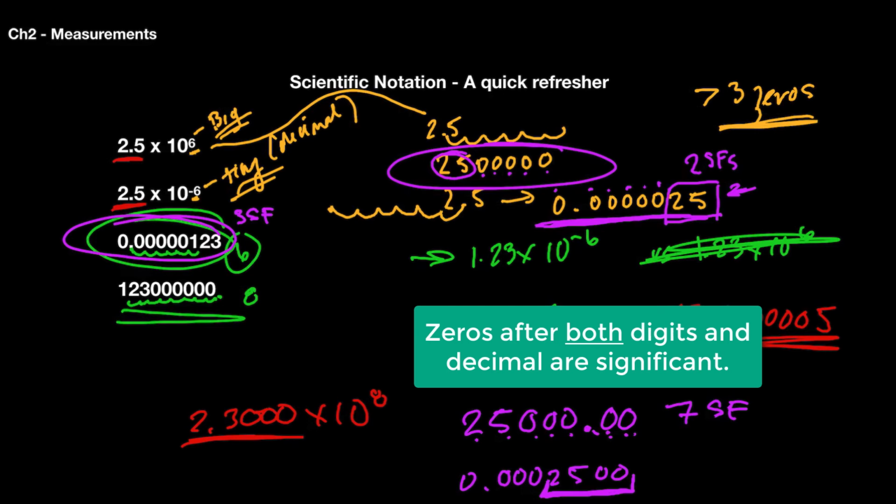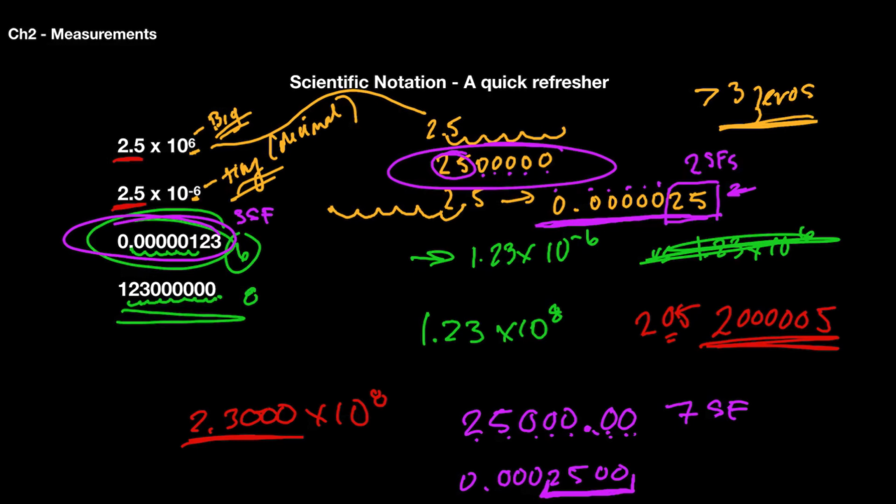Let's try to apply that here. These zeros come after a decimal, after some digits, which means they're significant. Which then means that these now become just like these, such that they're in the middle of the value, which means everything there is significant. Does that make sense?